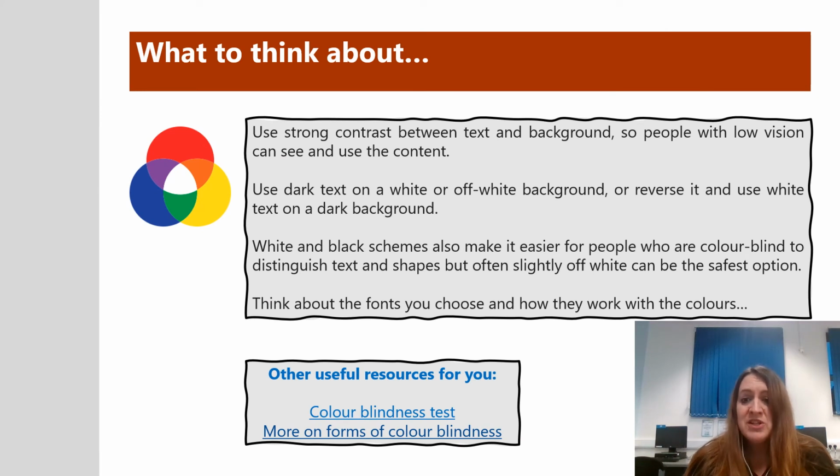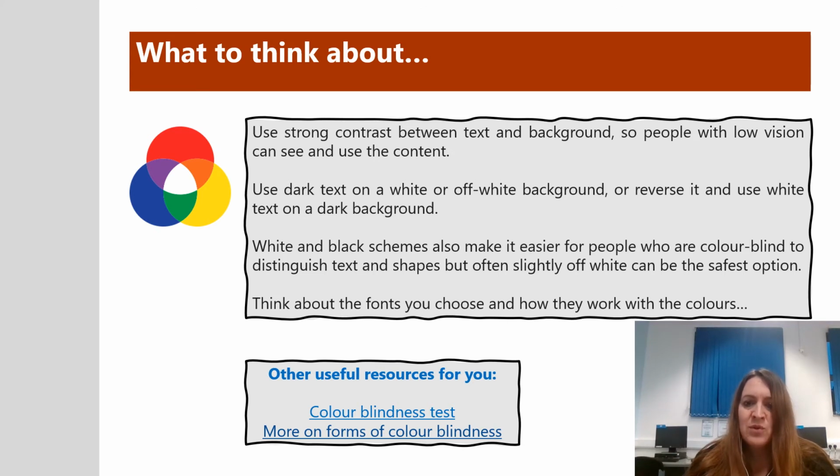So what to think about in general when you're designing your content, apart from those key tips and things to check? Use strong contrast between text and background, so people with low vision can see and use the content. And you can see for yourself, by just adding a pale colour here, it's slightly easier on the eyes to read. Use dark text on a white or off-white background, or reverse it and use white text on a dark background.